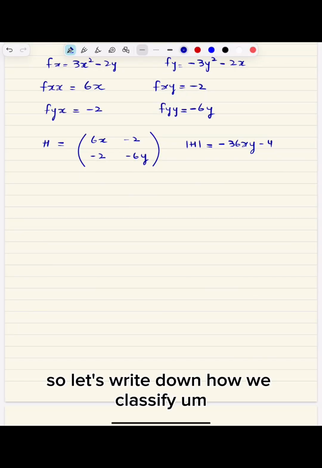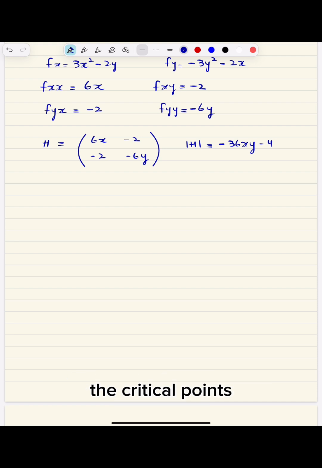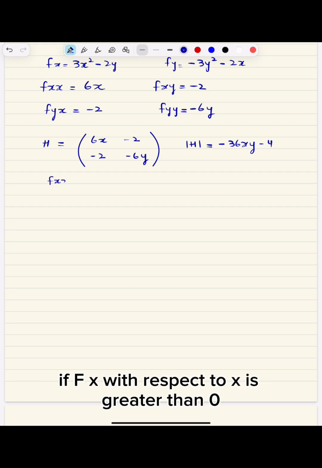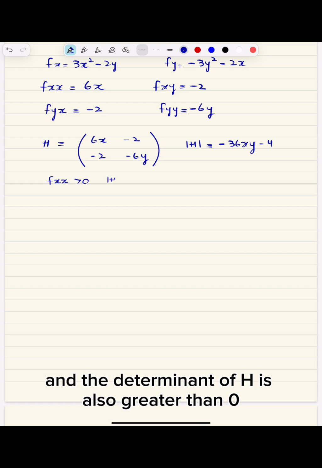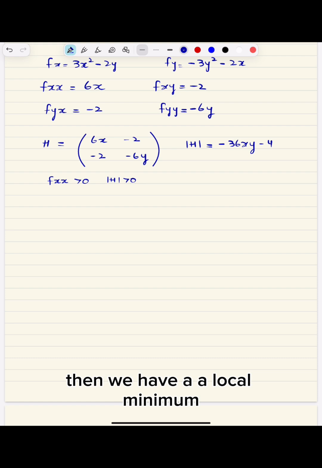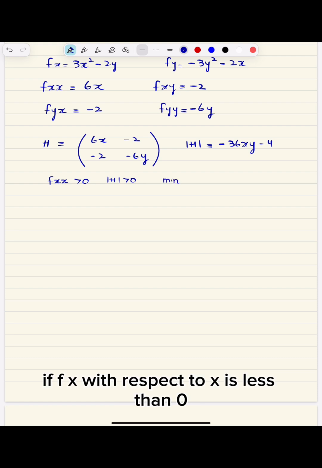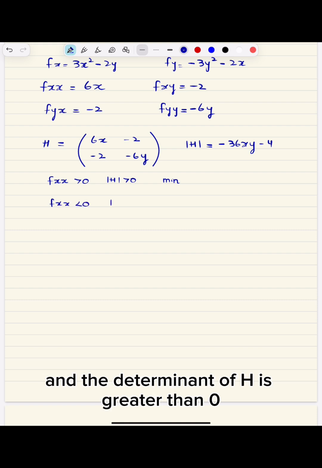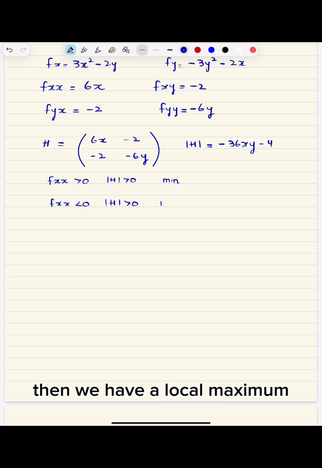Okay, so let's write down how we classify the critical points. If fx with respect to x is greater than 0 and the determinant of H is also greater than 0, then we have a local minimum. If fx with respect to x is less than 0 and the determinant of H is greater than 0, then we have a local maximum.